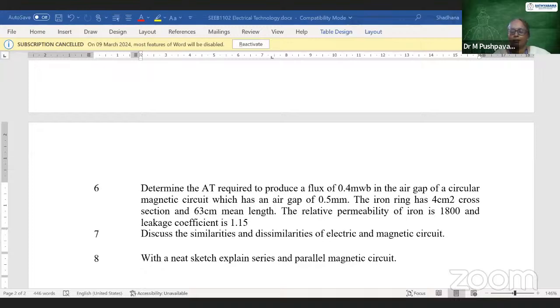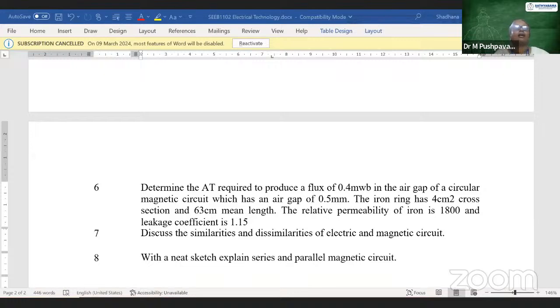An iron ring, take down, an iron ring 8 centimeter diameter. Okay, take down this question.